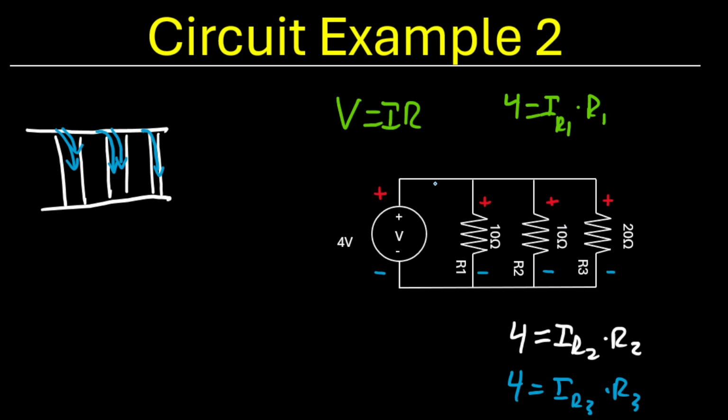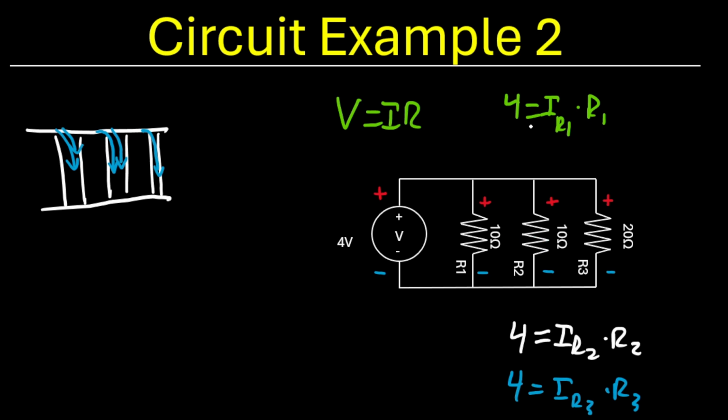And we know that current always takes the path of least resistance. So going back to this pipe analogy, we know there's going to be a lot more current flowing through R1 and R2 because there's a lot less resistance, right? So going back to Ohm's law, we take 4 divided by the resistance. You'll see that R1 and R2 see roughly double the current, which makes sense because they have half the resistance.